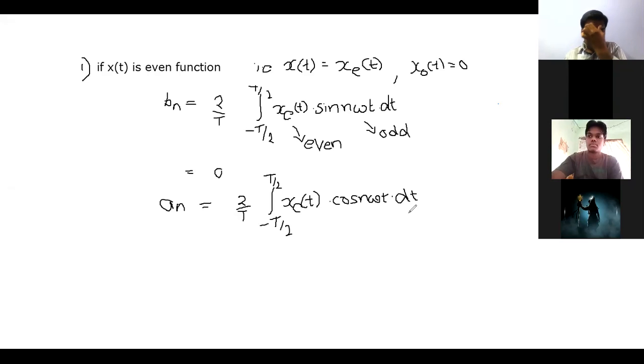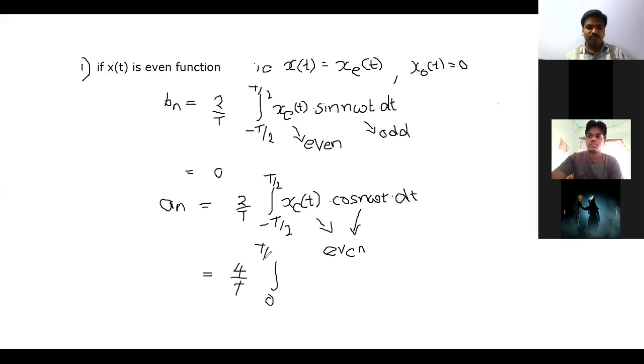So bn is equal to 0, since we already substituted that the product of an even function and an odd function is 0. In this particular case, all the functions are even, so you get the product of two even functions. See how I am going to simplify this. It can be written as 4 by T integral 0 to T by 2.